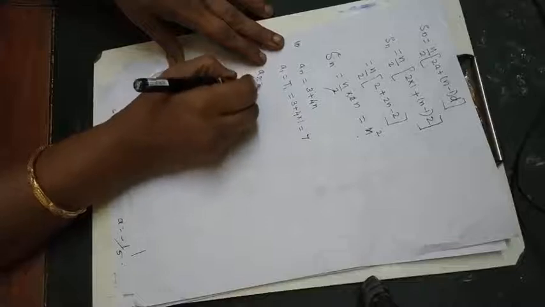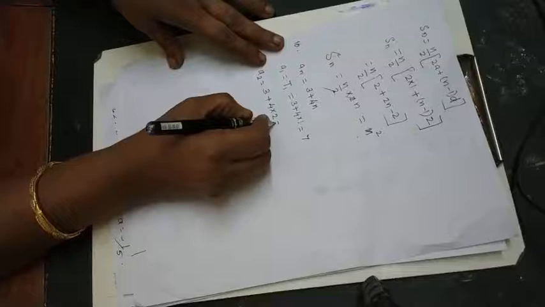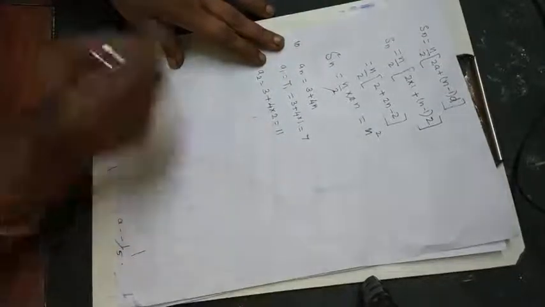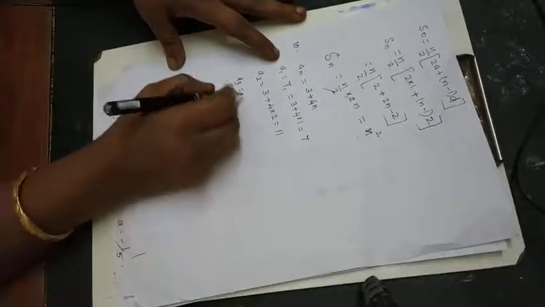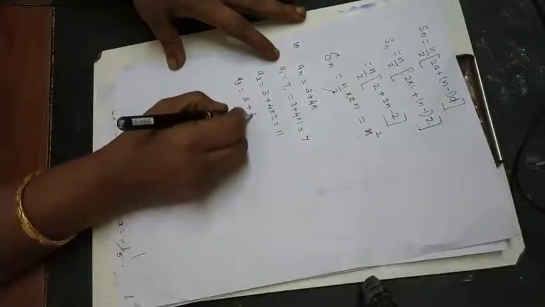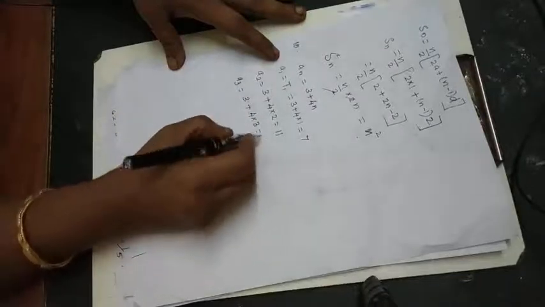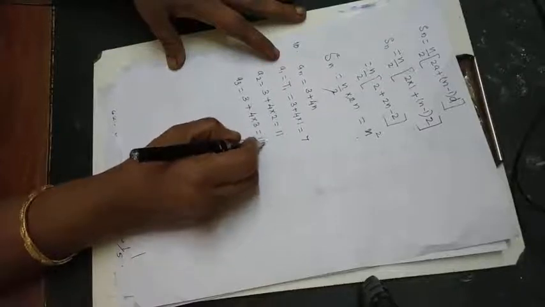A2 will be equal to 3 plus 4 into 2. 4 2s are 8, 8 plus 3 is 11. So our A2 is 11. Now A3 is equal to 3 plus 4 into 3. 4 3s are 12, 12 plus 3 is 15 you are getting.